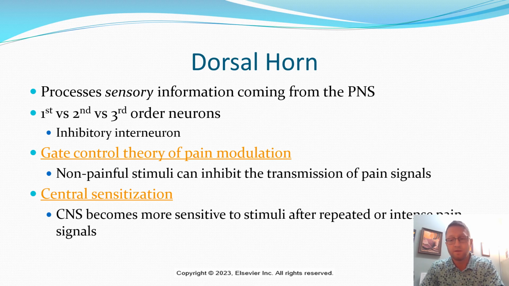And what we're doing with that is we're introducing a non-painful or a non-noxious stimulus to the area that basically allows this inhibitory neuron to stop the transmission of that A delta pain from getting to the thalamus, from getting to the brain. So your brain is not going to perceive that threatening stimulus as long as we have that E-stim unit on, as long as there's that non-noxious stimulus which is constant.